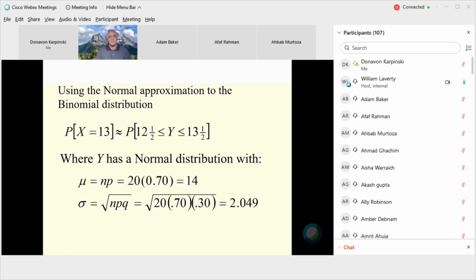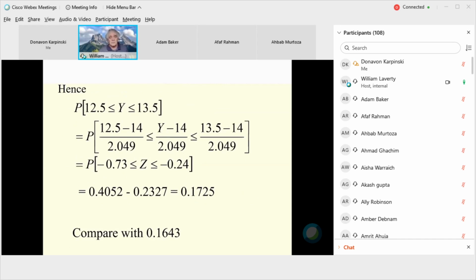Normal approximation: you choose a normal random variable that has the same mean and standard deviation as X, and you find the area under that normal curve between 13 minus a half and 13 plus a half. If I do that, I get 0.1725.